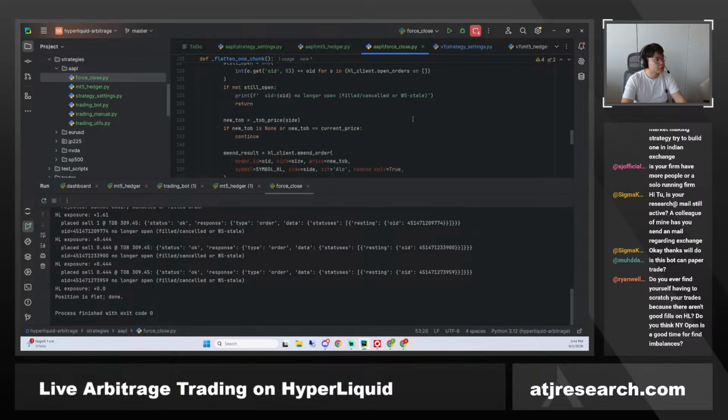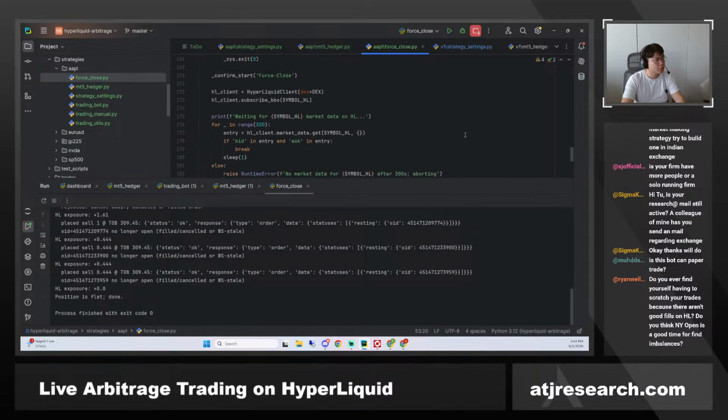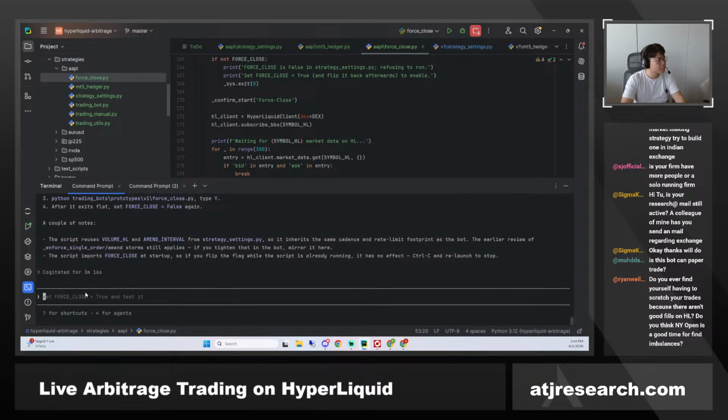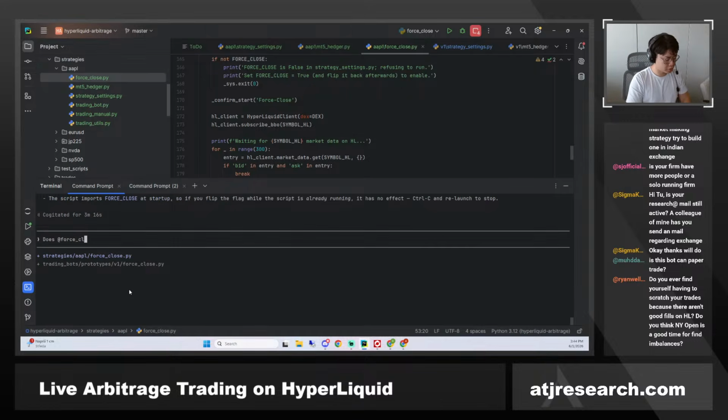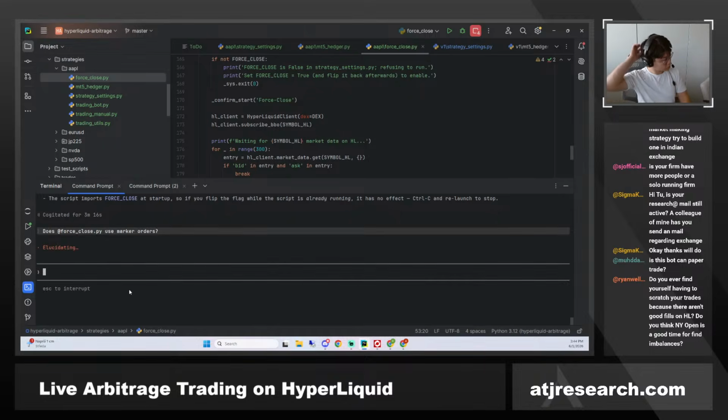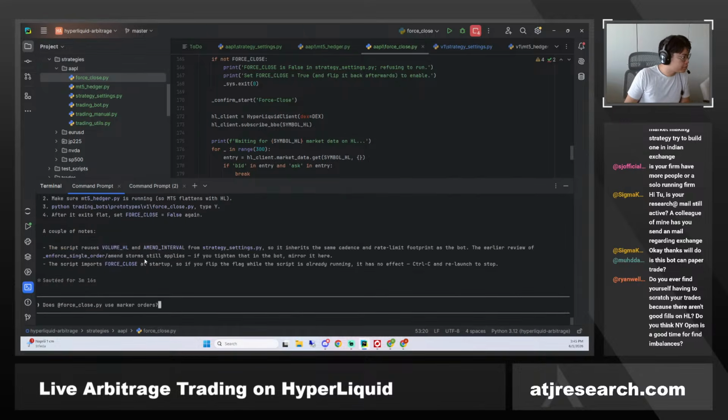Because here we have the force close. Does force close dot py use maker orders? I'm in maker.